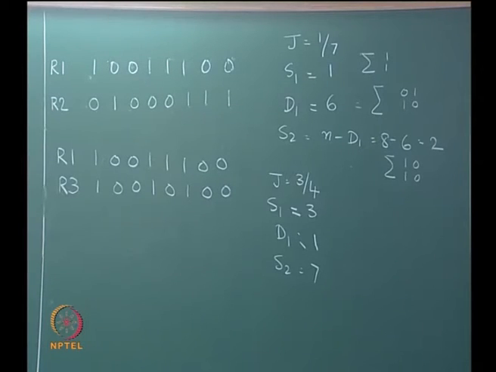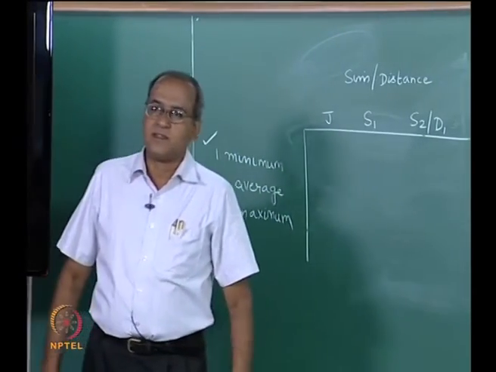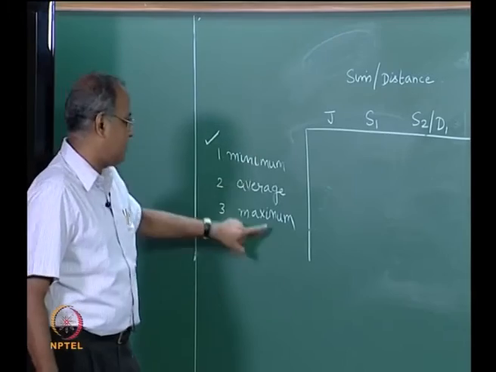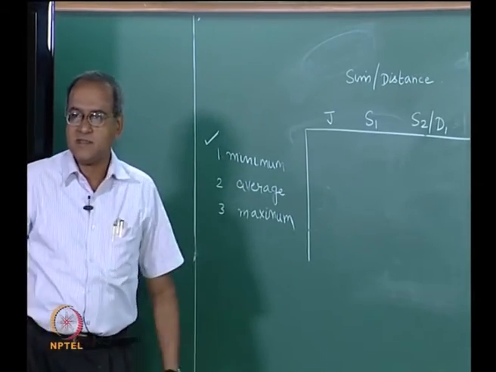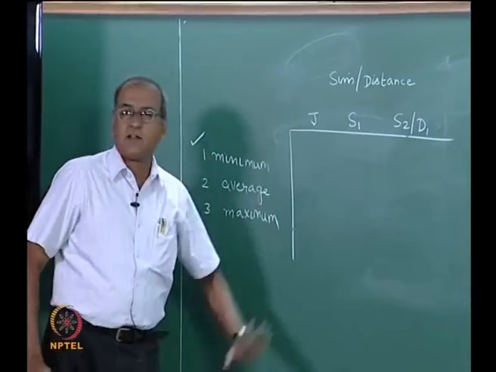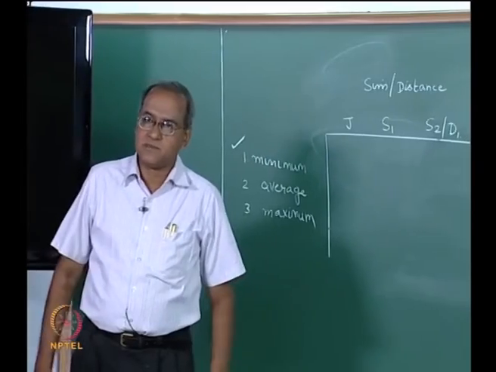So, in general, there are now 9 ways of doing this algorithm. 3 ways of defining the group distance versus the individual distance, 3 ways of calculating the similarity coefficient. So, 9 ways of doing this.